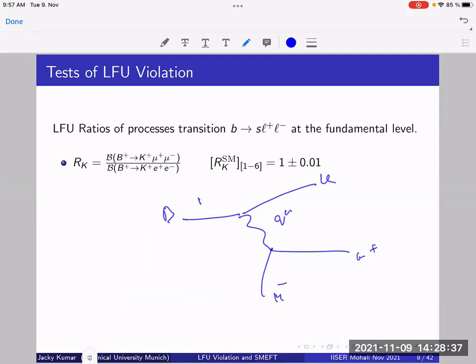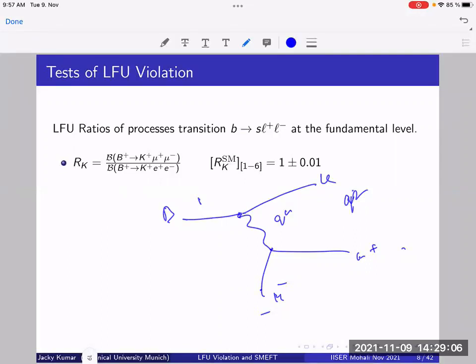But I mean, how much do you expect, 0.01 kind of variation due to phase space? Yeah, actually this also depends on the momentum transfer. So we have a B going to K, and then there is a momentum transfer to the lepton sector. Depending on this q squared value, this effect can vary.